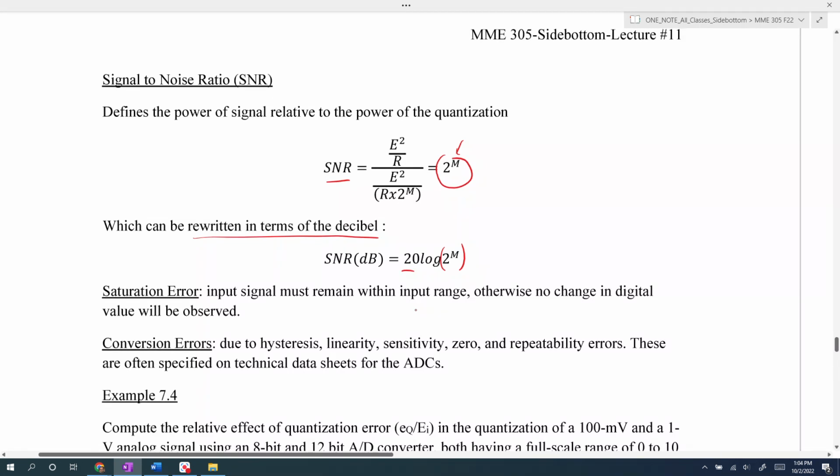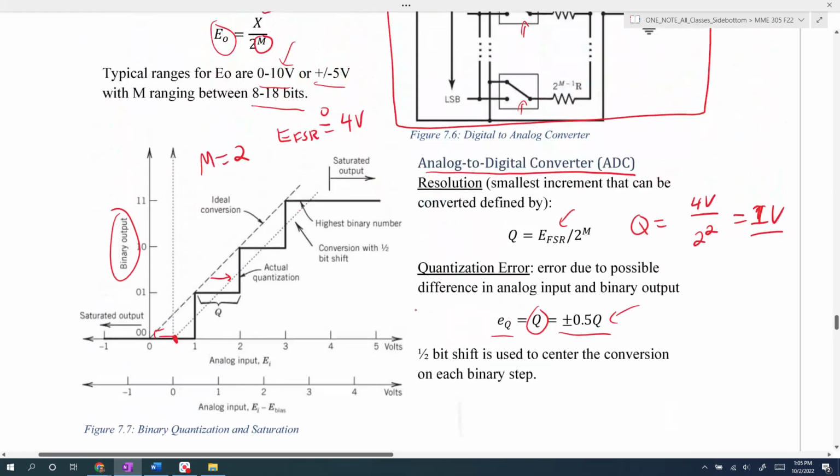Saturation error is when you have an analog signal outside the range of your analog to digital converter. In this example our range was between 0 and 4 volts, so any signal above 4 volts would be a saturation error, because the converter will tell you it is still reading 4 volts, even though it might be reading 5 or 6 volts. The same is true of a negative signal, which could also be in the saturated range.